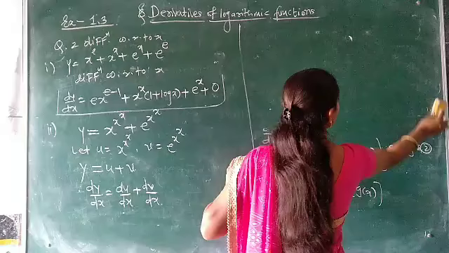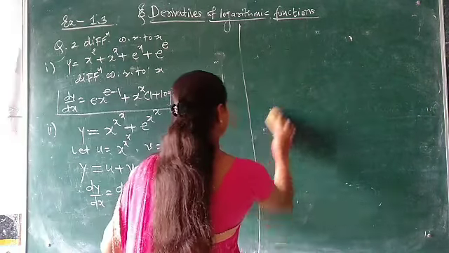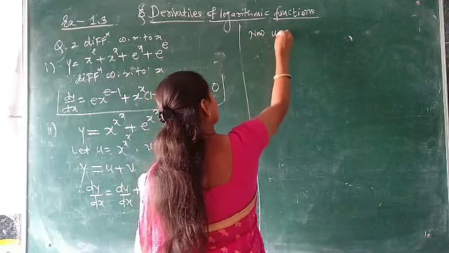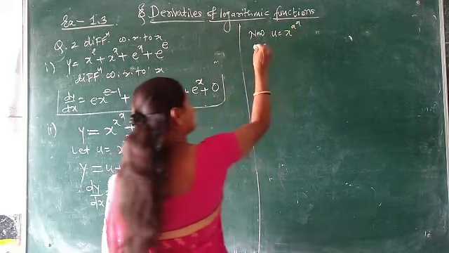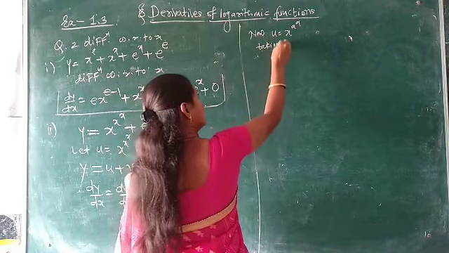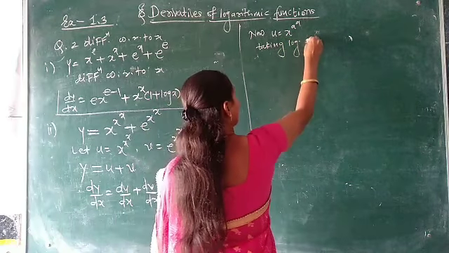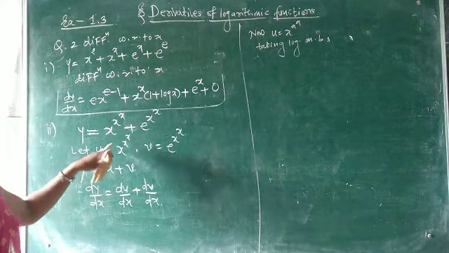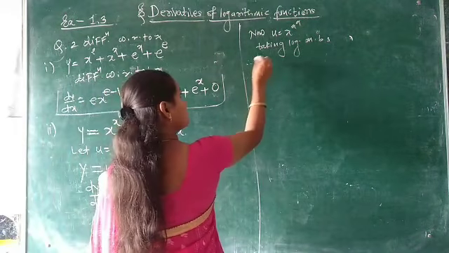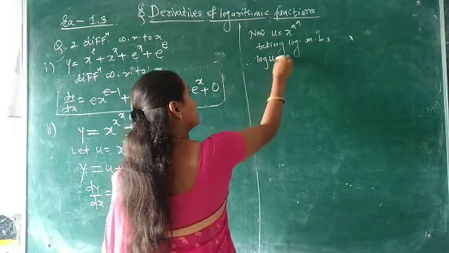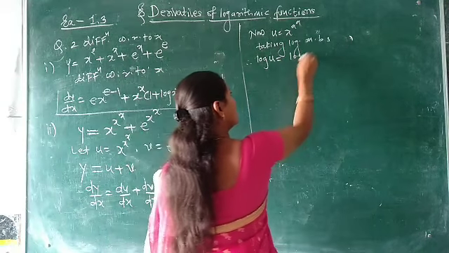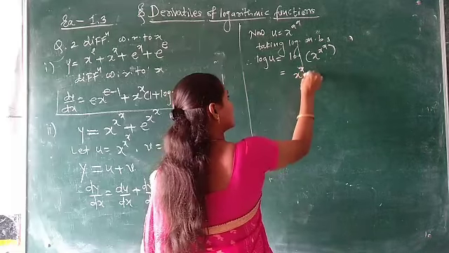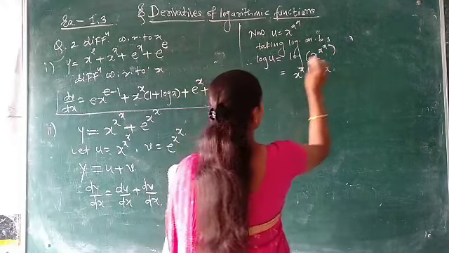So let's take u is equal to x raised to x. Taking log on both sides. On that type of function, we can't use direct differentiation. Log u is equal to log of x raised to x. So this can be written as x into log x.